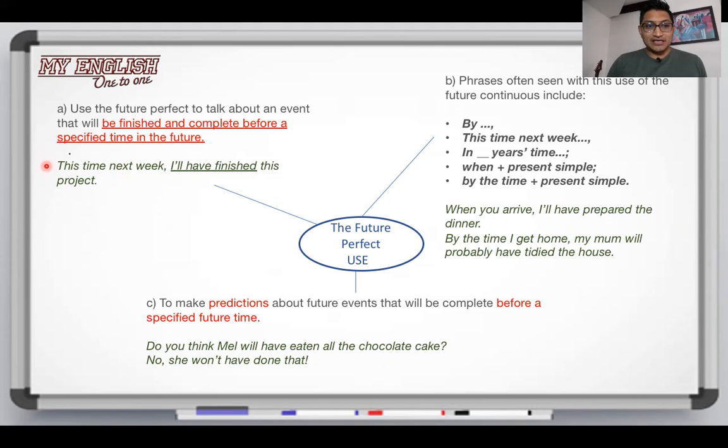So this is the specified time in the future, and this is the action that you will have finished earlier or previous to that particular moment. All right, very well.